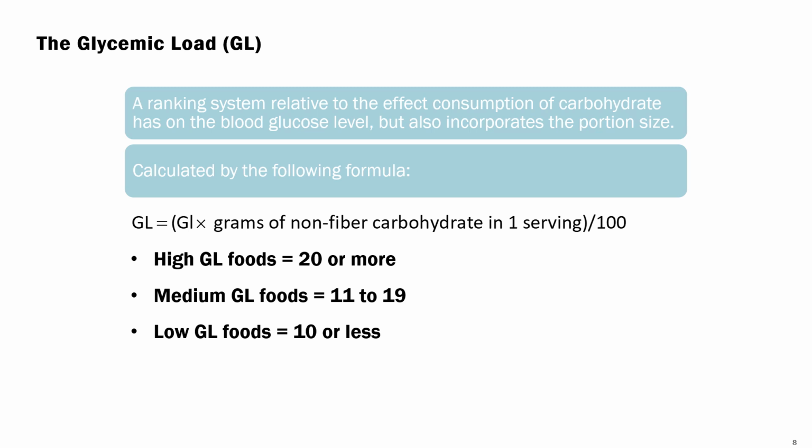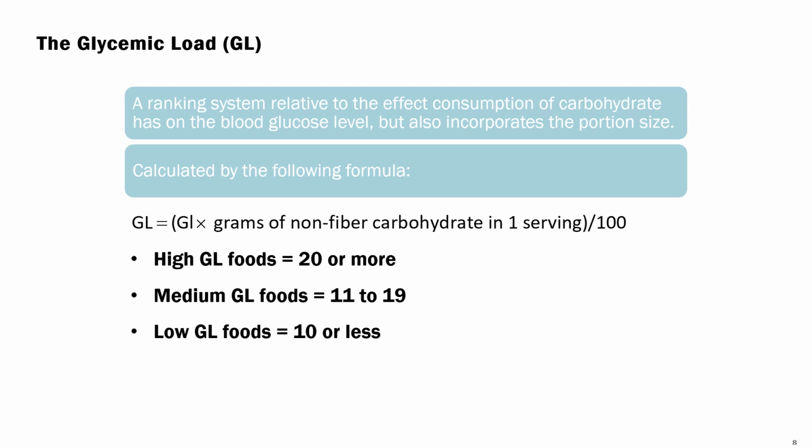Now, high GL foods have a GL of 20 or more, and these foods can cause a significant spike in the blood glucose levels. Again, we're talking about white rice, white bread, and sugary snacks. The medium glycemic load foods have a GL between 11 and 19 and moderately raise blood glucose levels compared to high GL foods.